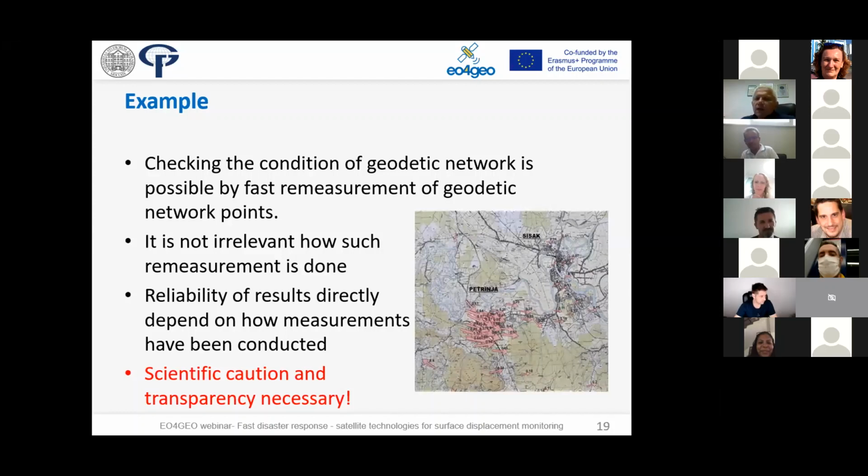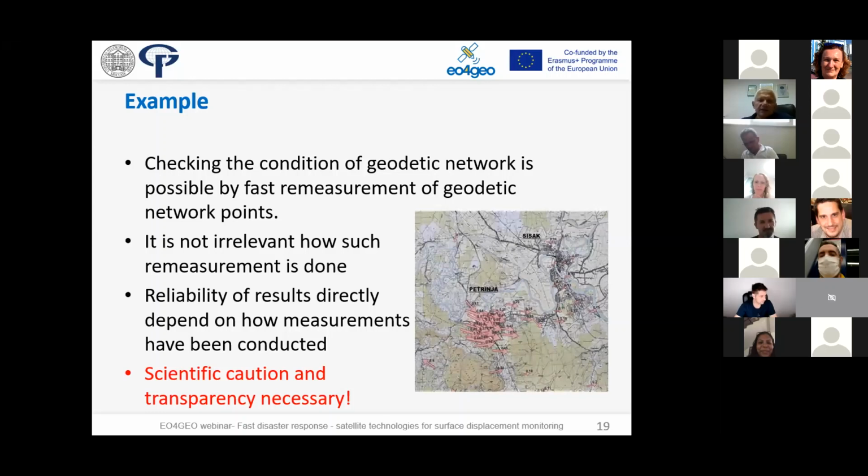So in the case of such measurements, scientific cautiousness and also transparency about the work, how it has been done and how it has been computed, is very relevant for understanding what this picture or those results present. Of course, also in SGA, they are aware of this.